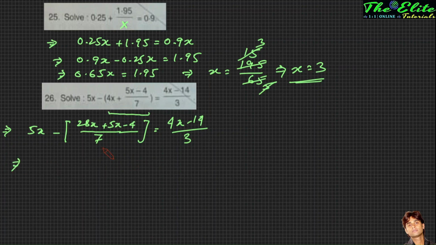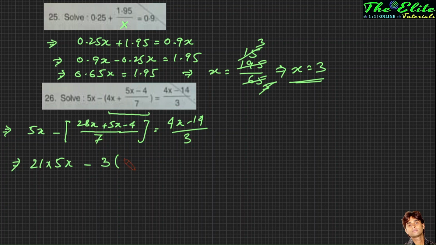Now we can see here that 7 is a denominator in one of the fractions, and there is 3 too. 3 and 7 will give you an LCM of 21. So why don't we multiply all the terms by 21? Okay, we will do that. 21 times 5x minus, if we multiply by 21, what will be the number left? 3. So we will get 3 from here, which will get multiplied by what is inside the bracket on the numerator side.